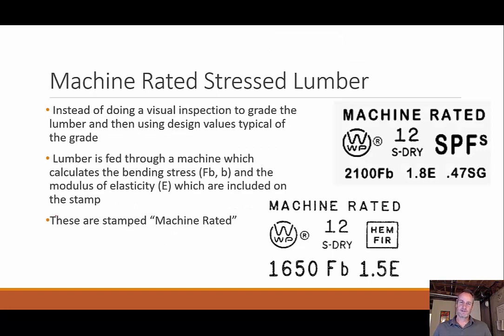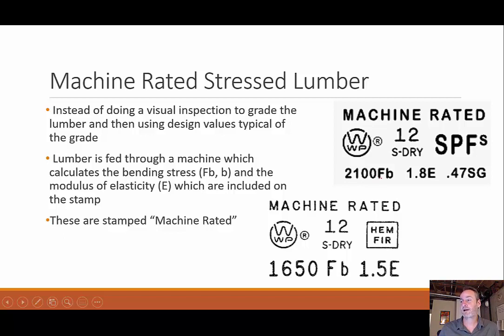So like I said, those were all visually inspected. The other way that we can rate these is by using a machine to do the inspection. And if it is machine rated, it needs to be part of the stamp. So this will say machine rated, right? And if it's machine rated, we'll have more information. We will have a bending stress. Like for this one here, it says machine rated 2100 FB.